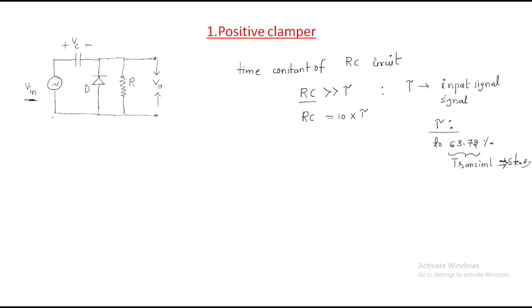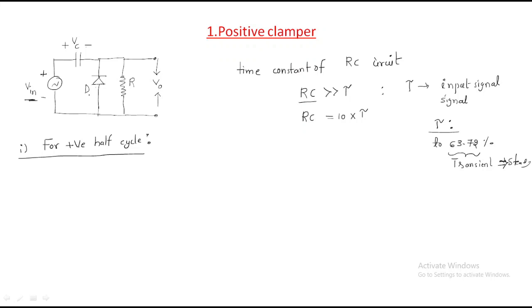So we will discuss first the positive half cycle. If you apply the positive half cycle, this plus and this minus, the minus is applied to the P side and the plus to this side.